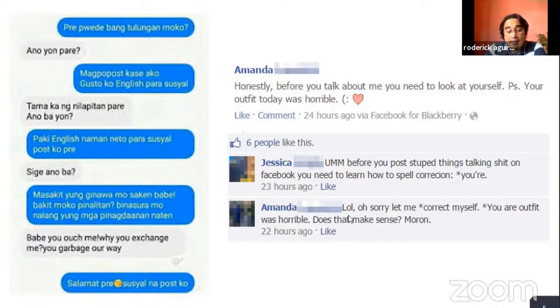Then I think it's either I misplaced their concept paper or she was not able to submit on time the concept paper, but I was confirming. And then she said that she submitted that and she gave it to my student assistant. And meron siyang last na LOL.